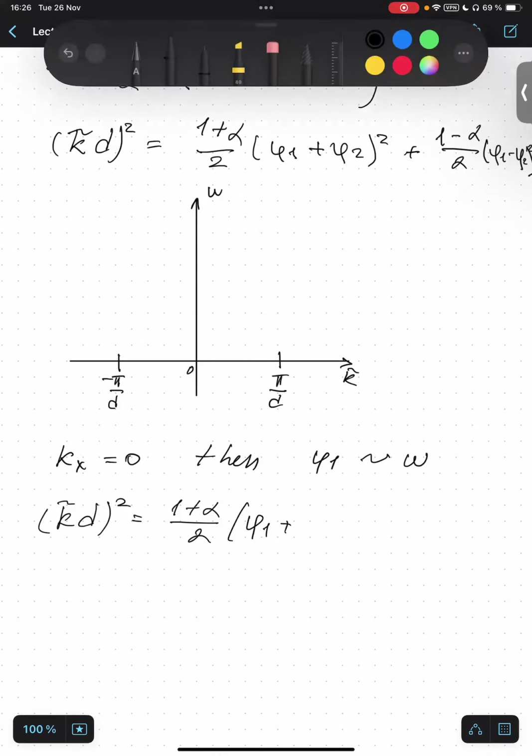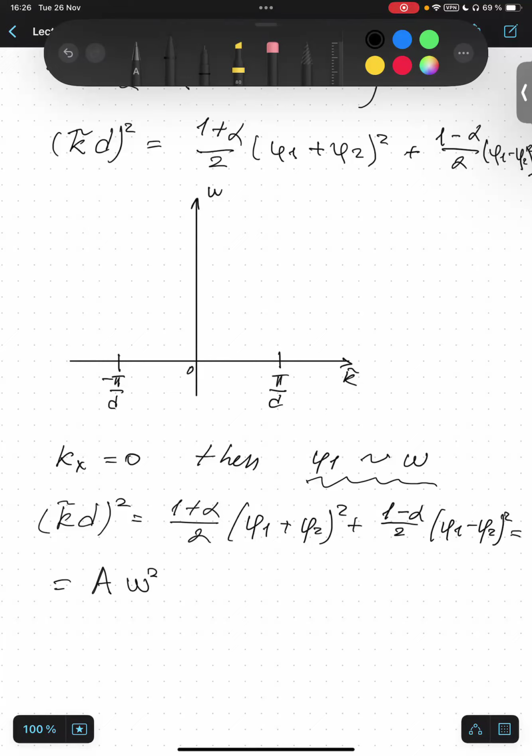One plus phi2 squared plus one minus phi2. And it is proportional to some constant and omega squared because of our phi and normal incidence.